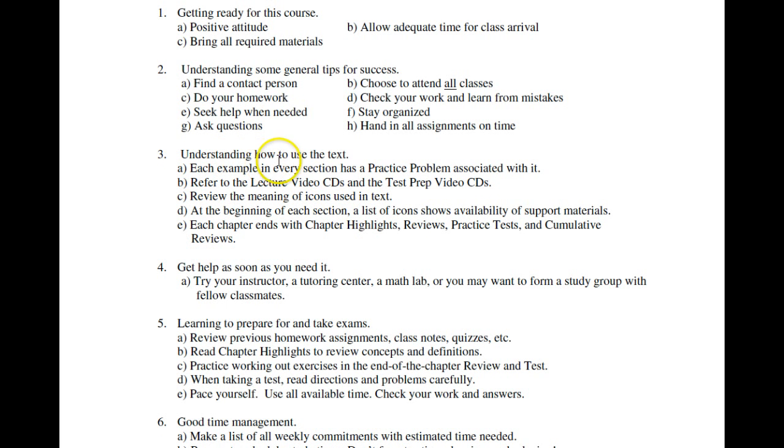Number 3, understanding how to use the textbook. Well, I have another video in which I show you the study plan in great detail, and we'll be going over that.